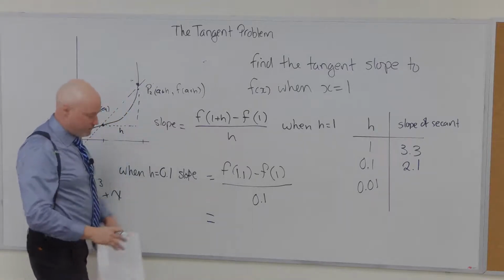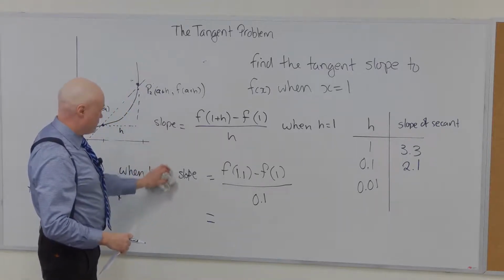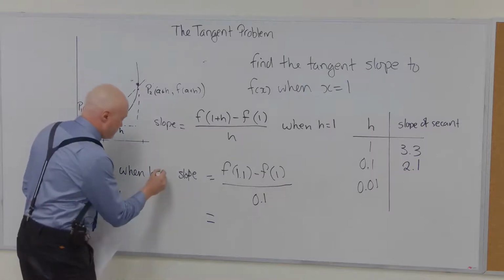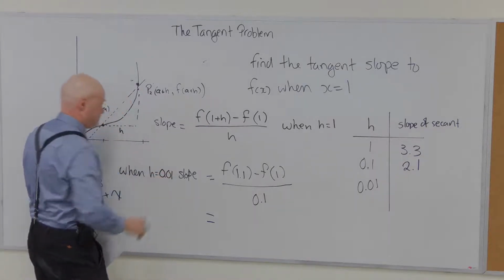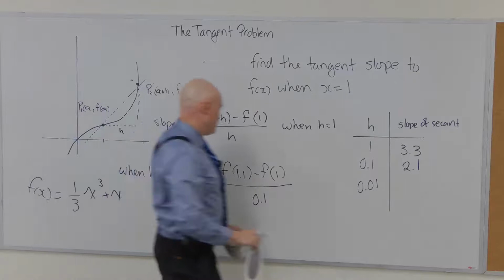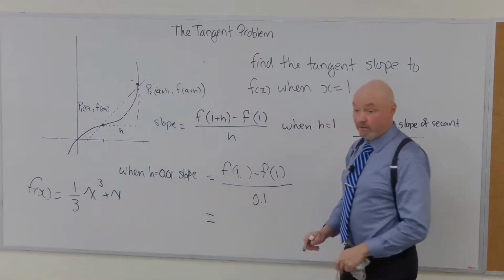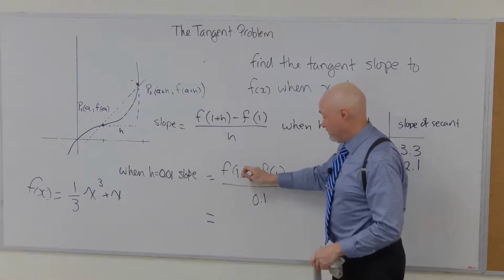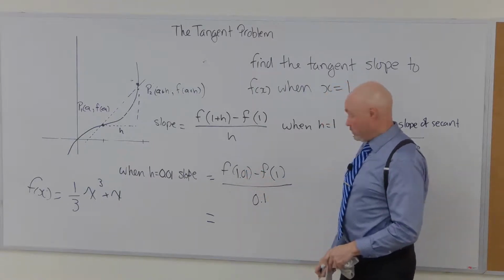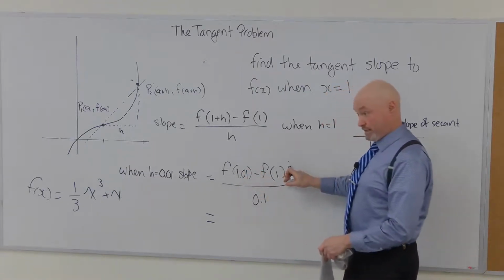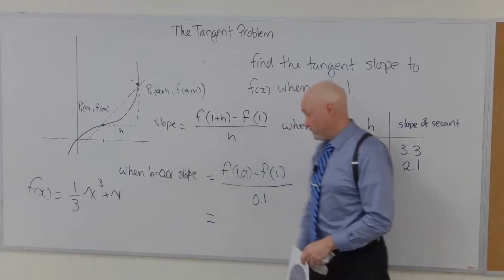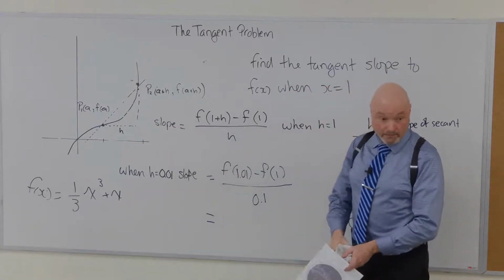So instead of 0.1, we're going to go to 0.01. So instead of f at 1.1, we're going to do f at 1.01. We're still subtracting f at 1, because that's the point we're interested in. And we're not dividing by 0.1 anymore.